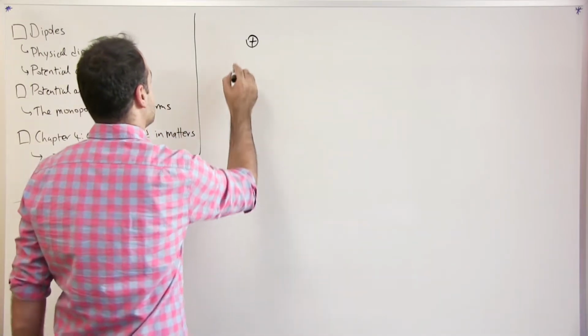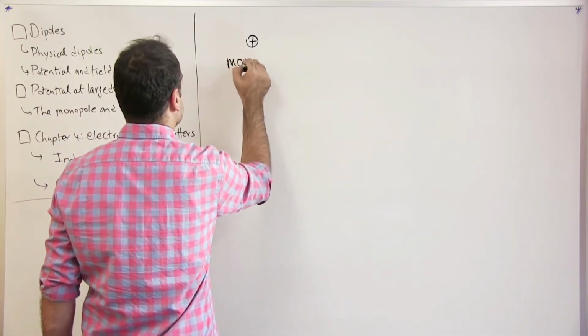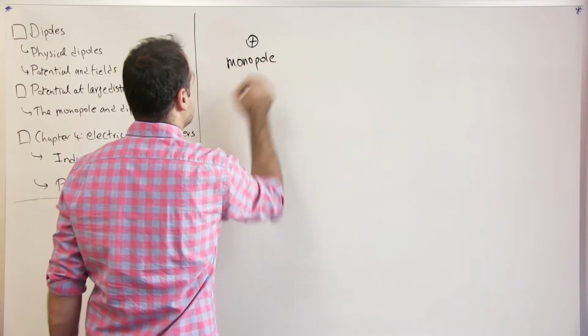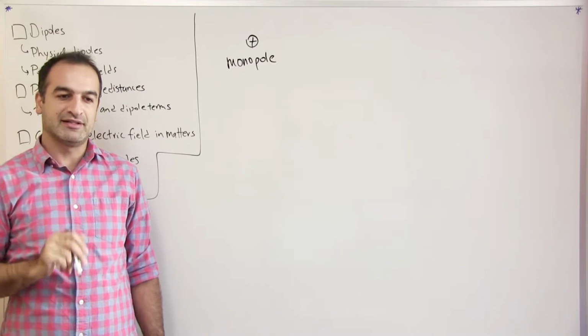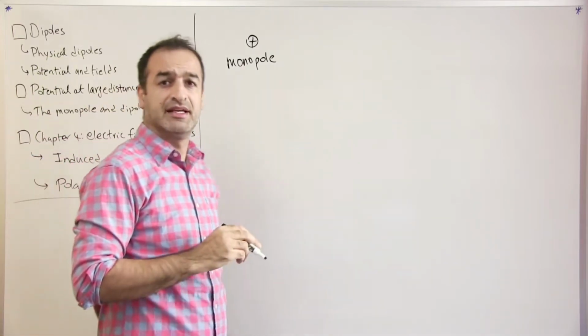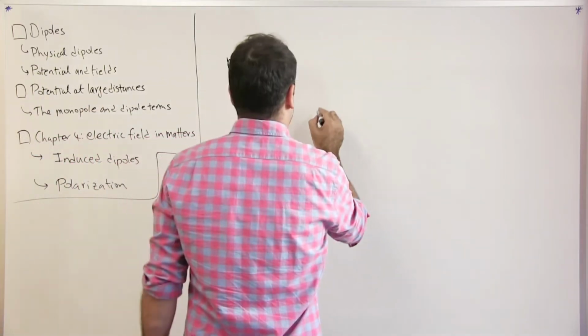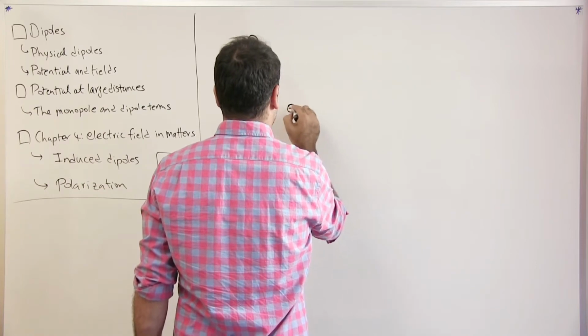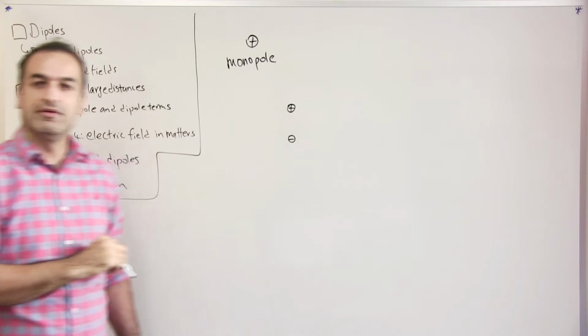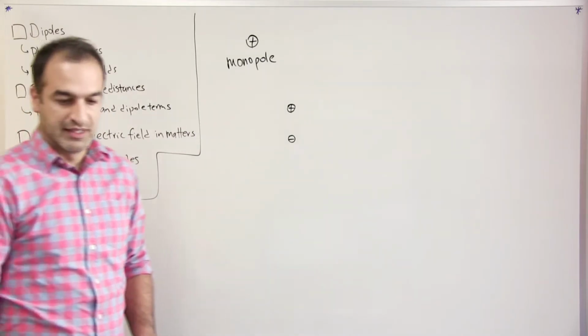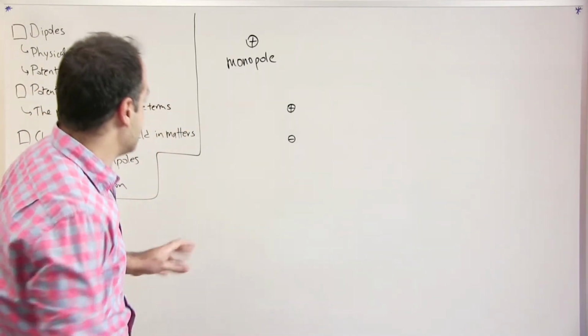It's often called a monopole. If you have two charges, which is one step more complicated than a monopole, you have one positive and one negative charge, and this is often called a dipole.